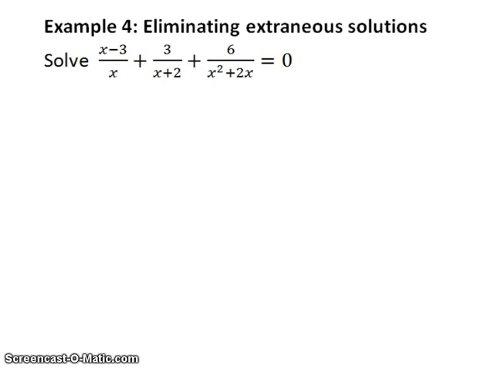Okay, once again we have a rational equation that we need to solve, and the thing that's tripping us up are the denominators. We need to get rid of those denominators, and so that means we need to multiply by the least common multiple. So let's figure out what that least common multiple is.